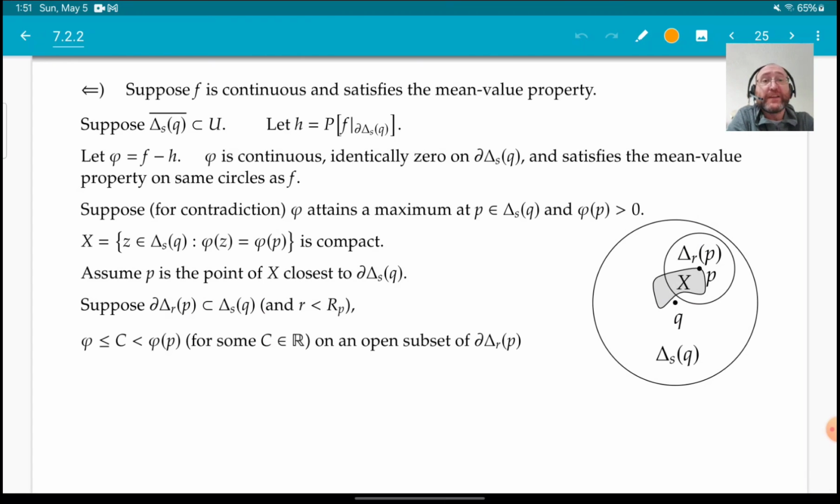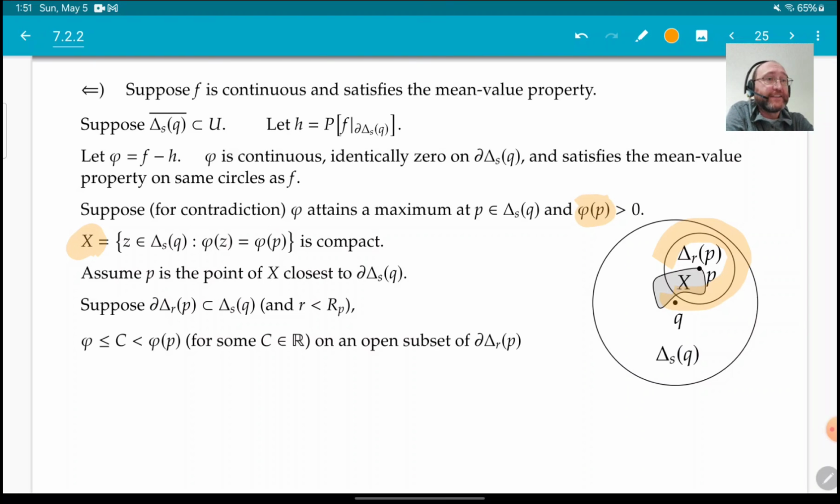Okay, so now if you look at this picture, well, it's kind of a proof by picture, but you can make this precise. Because this P was closest to the boundary, right? Then really this phi is, for some open part of this arc, somewhere strictly less than phi of p. That means that it doesn't lie in X, right?